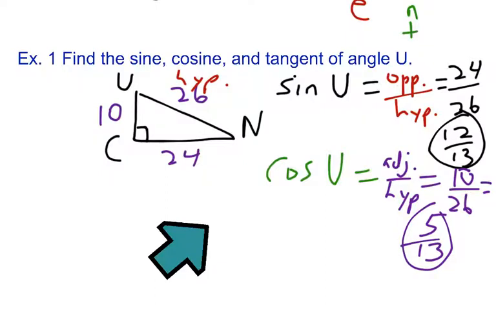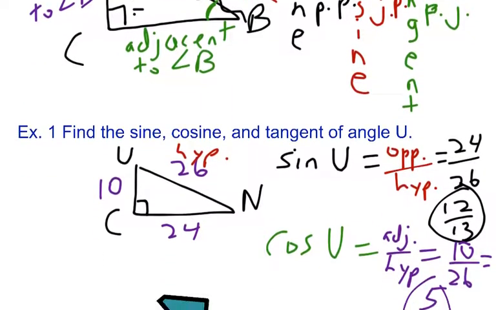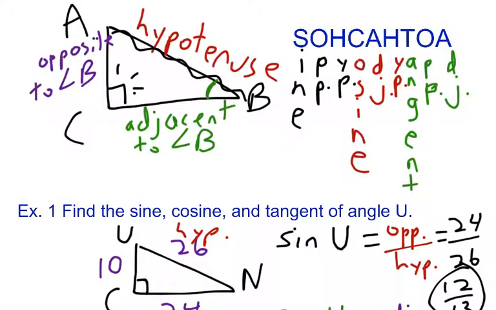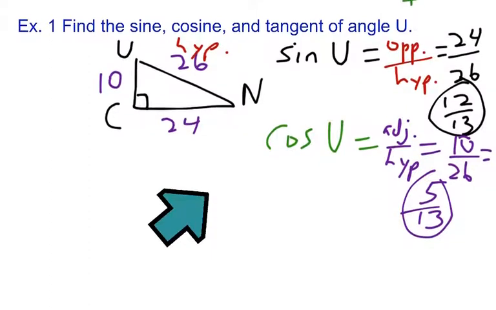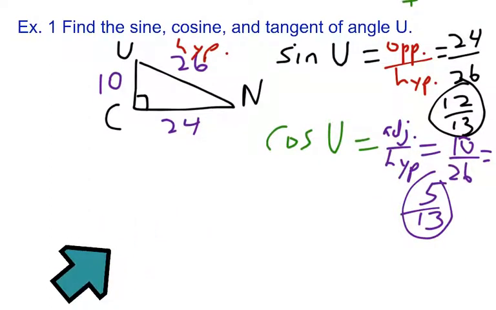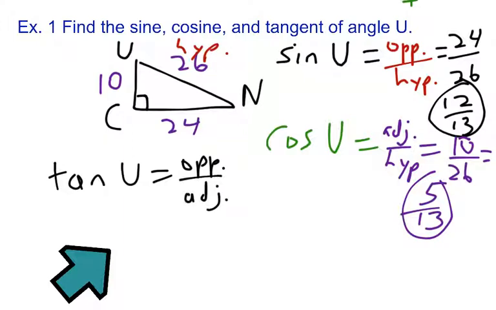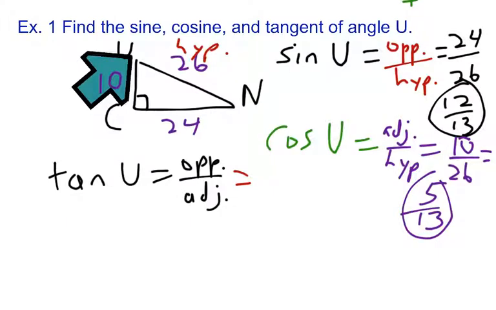So I'm going to look up here at tangent. Remember, tangent stands for, it's TOA, so opposite over adjacent. So I'm going to write tangent of U equals TOA, opposite over adjacent. And notice tangent is the only one that doesn't use the hypotenuse. All right, so what's my opposite to U?